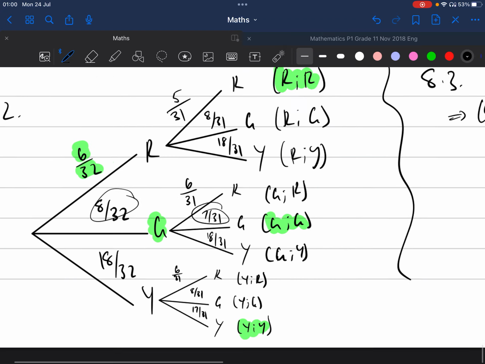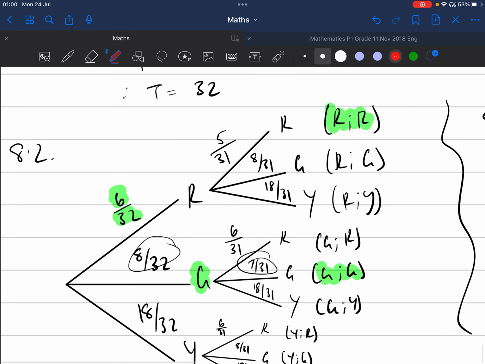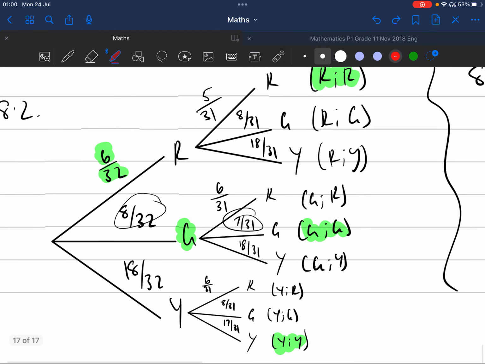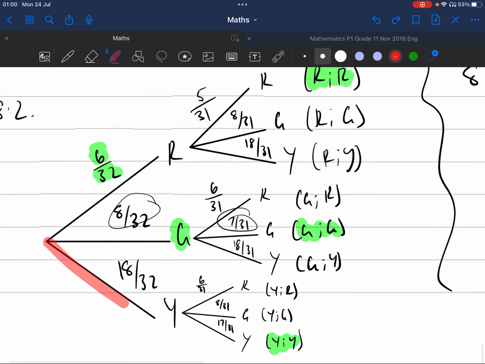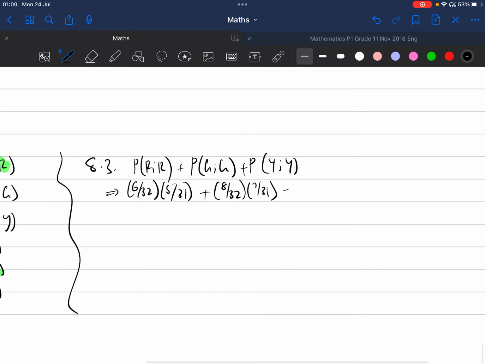Okay, and the way I'm getting these values is just by following the branches, right? So here's red and red, so I took these two. Okay, let's look for green and green. I took this branch, that branch, and I just multiplied those two together. Okay, now for the yellow one, I'm going to take that branch and that branch. So it's that and that. So 18 over 32 times 17 over 31.